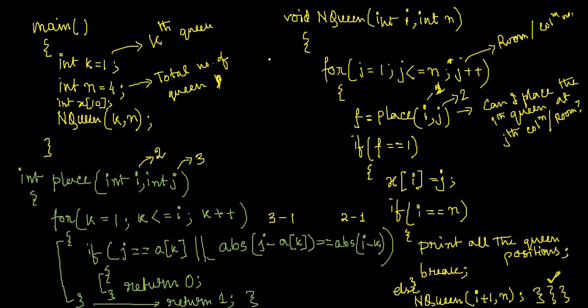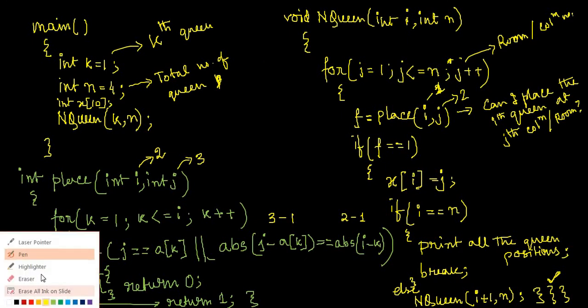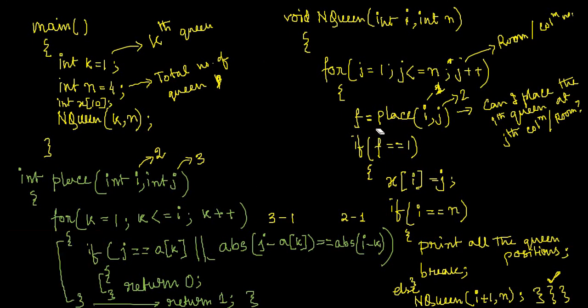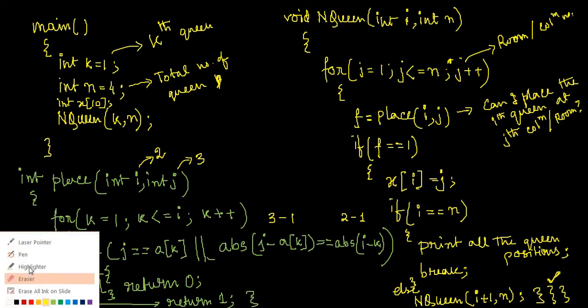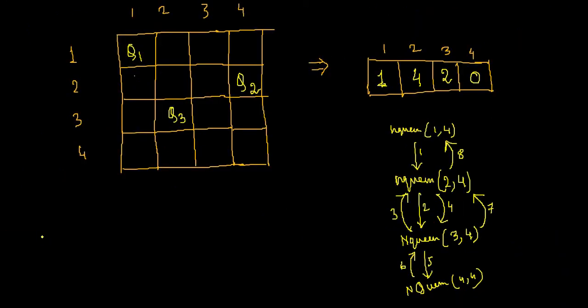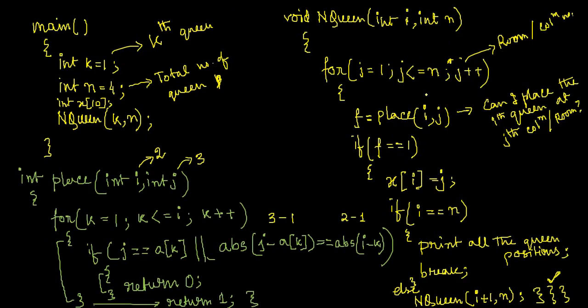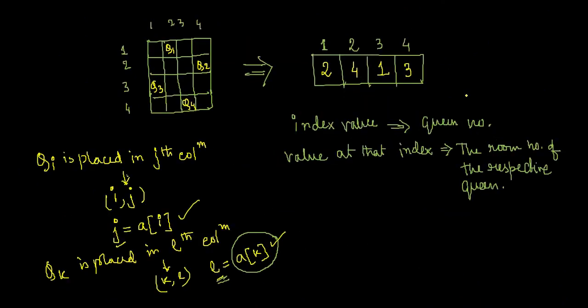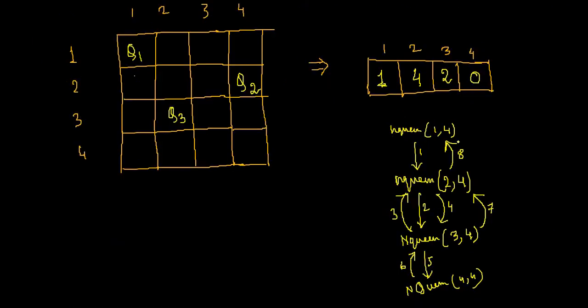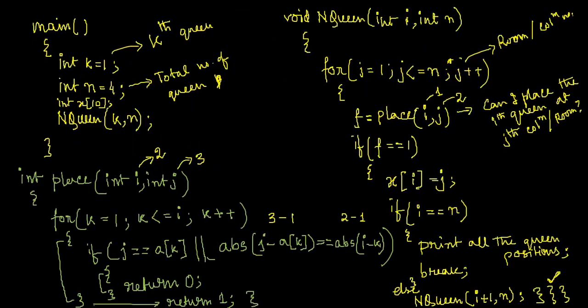So that means I is equal to 1 at that time and j equal to 2. In this situation, after returning back to queen 1, 4, the king is trying to check, can I place the first queen in the second column?